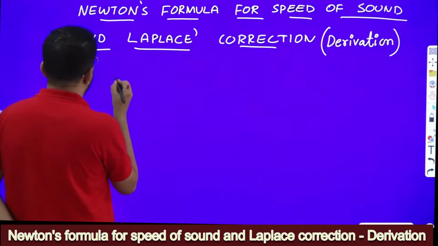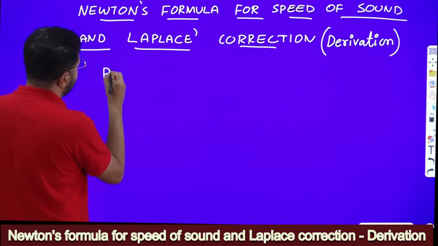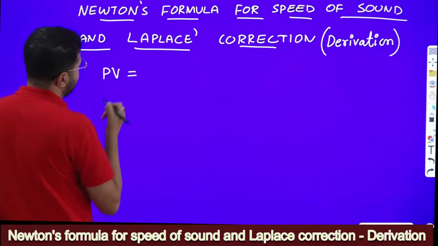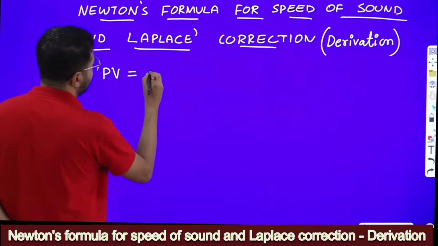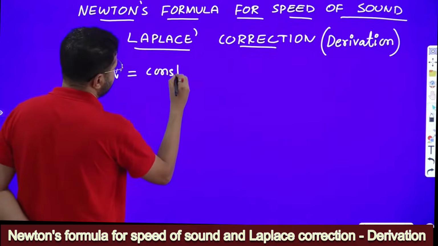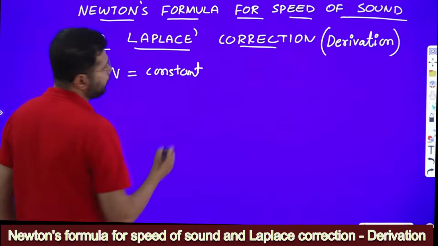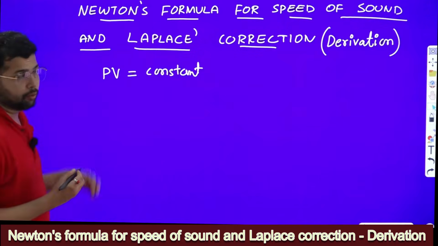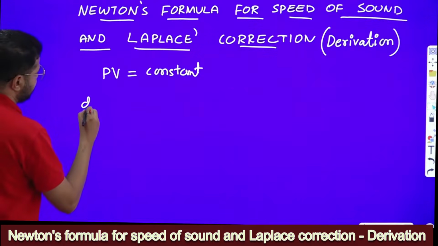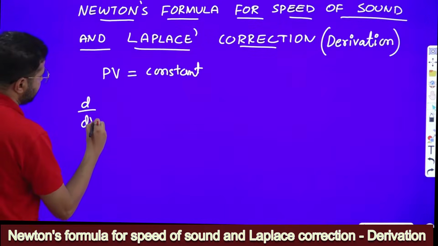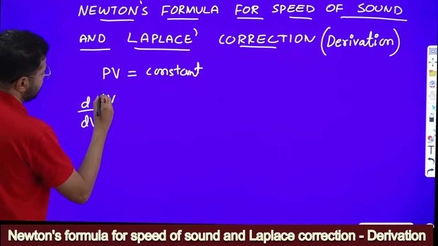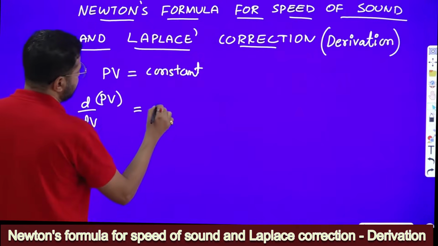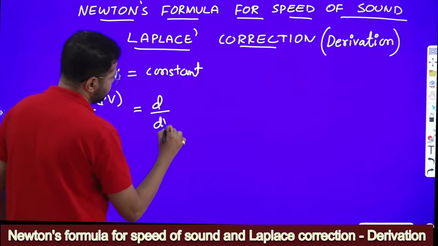So, he took the equation of an isothermal process, that is PV is equal to constant. Now, if we differentiate this equation with respect to volume, differentiation of PV with respect to volume is equal to differentiation of constant.